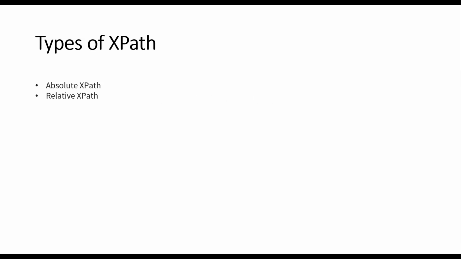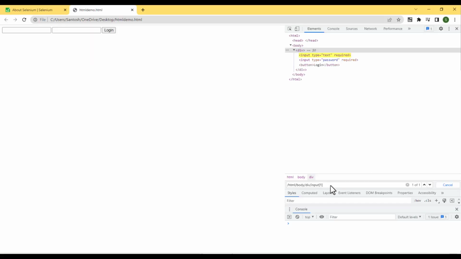So how can we find the same element using a relative path? Here, instead of writing all these things, I can delete everything till this div, and jump to the div tag directly using double slash. Double slash means find the div tag anywhere in this DOM structure, and from this div tag find the first input tag. Why am I using single slash here?